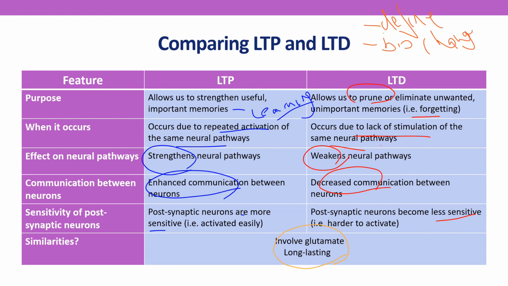So you can say that synaptogenesis is occurring and therefore neurons communicate more effectively, or pruning has occurred and therefore neurons are communicating less effectively. And then I want you to tell me what the effect of that is. So I want the application. When you're applying to the scenario, I want you to tell me if something has been learnt or if it's been forgotten. Okay, now that is a structure that you can use for any long-term potentiation and any long-term depression question.